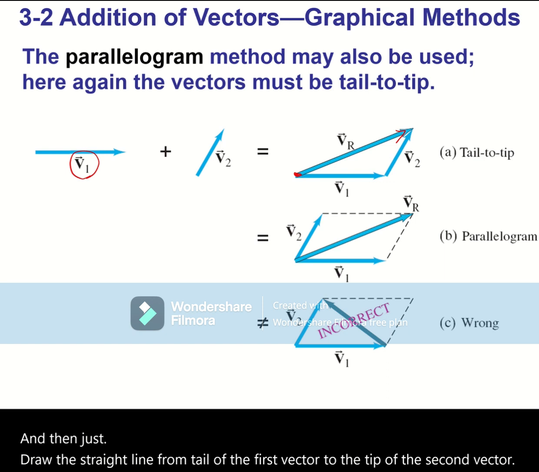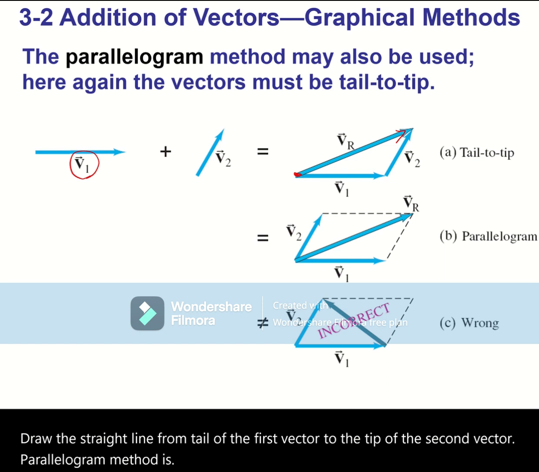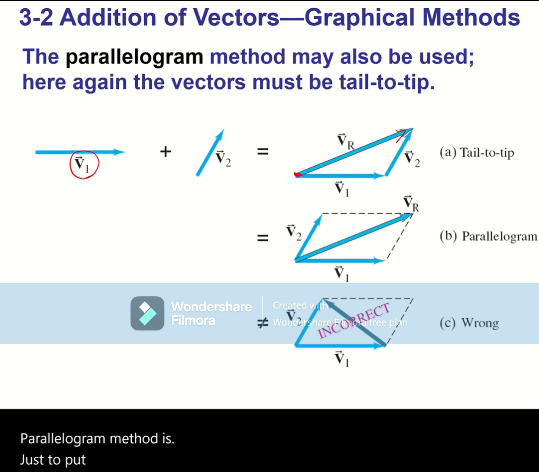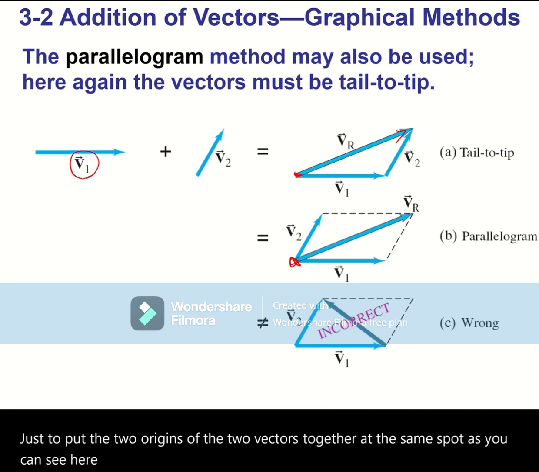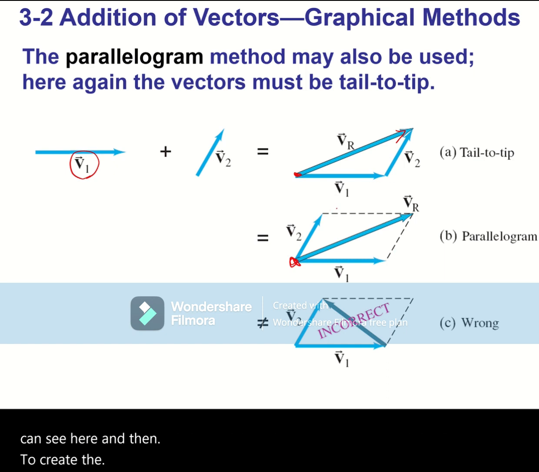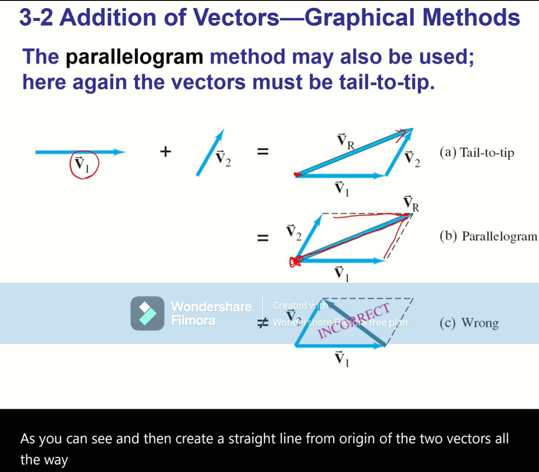The parallelogram method is just to put the two origins of the two vectors together at the same spot, as you can see here, and then to create the parallelogram, and then create the straight line from the origin of the two vectors all the way to the other end of this parallelogram.